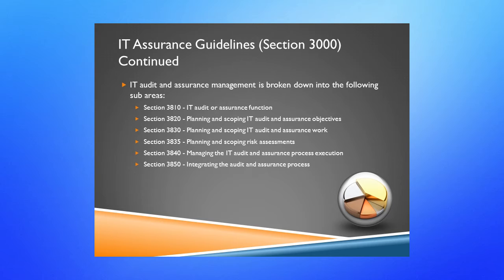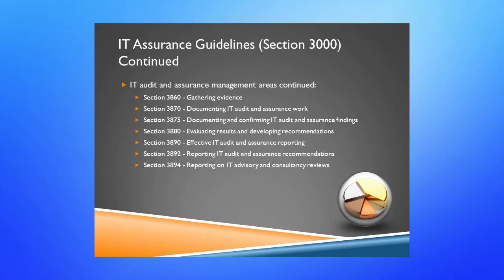So these are guidelines for the people that are working or managing this entire process and helping them with a lot of it, right? What is management really helping us with? A lot of it was on the planning and scoping. And that was, of course, of the assurance objectives, the assurance work, the risk assessments, and the process execution. And that's what is designed, because they are responsible, as I said a little bit before this, for giving us what those objectives are and assigning people to that, right? That's a part of management. So this helps them in creating that management plan.